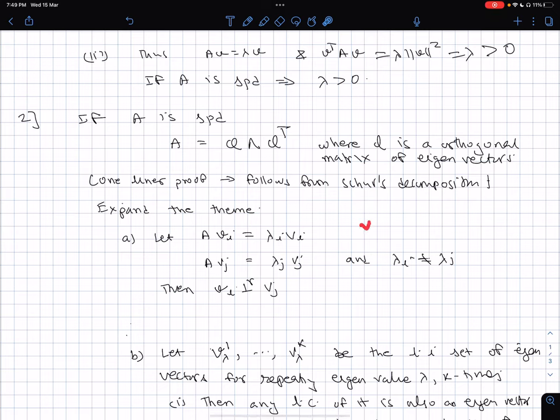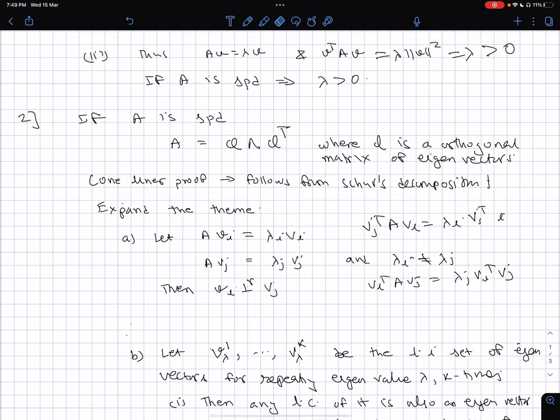If I look at vj transpose A vi from the first one, it becomes lambda i vj transpose vi. And if I multiply the second one by vi transpose, then I get vi transpose A vj equal to lambda j vi transpose vj.